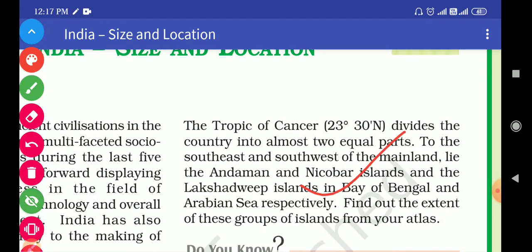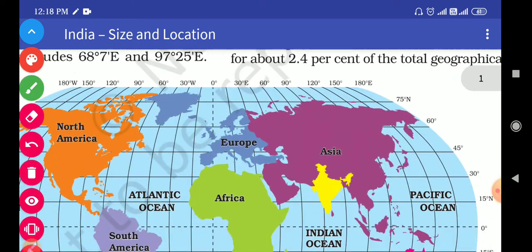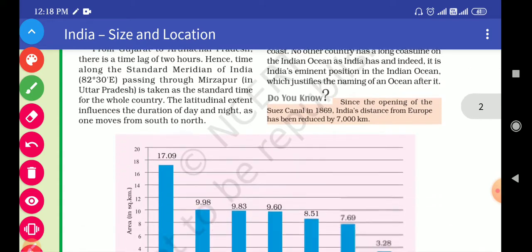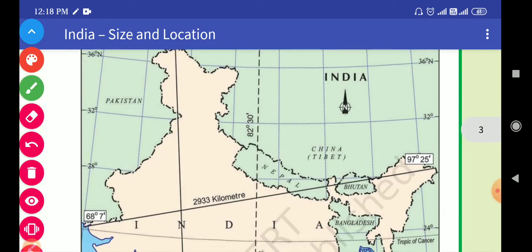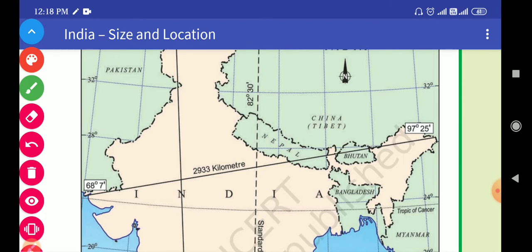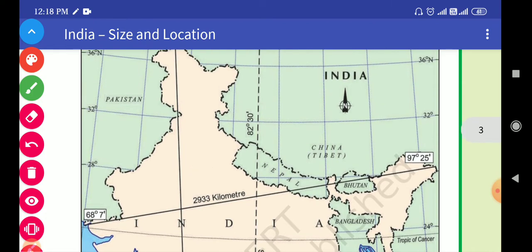this paragraph, once again we have to move to the map, and this time we are taking the help of the Indian map. Here you can see this line. This is actually an important latitude known as Tropic of Cancer.